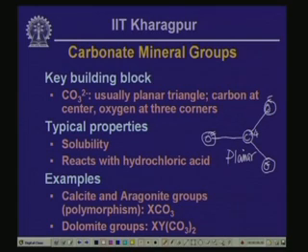Now, what are the typical properties of the carbonate group of minerals? One of the very important properties is varying degree of solubility. It actually solubilizes in water to a varying degree. Now, it also reacts with mild hydrochloric acid. So, these are the two key properties of carbonate group of minerals.